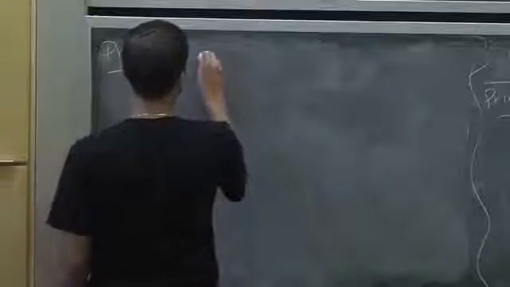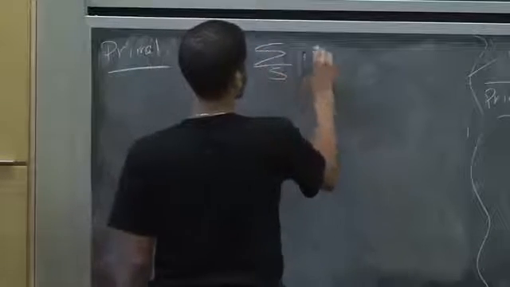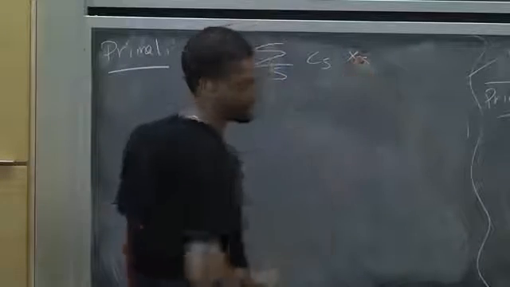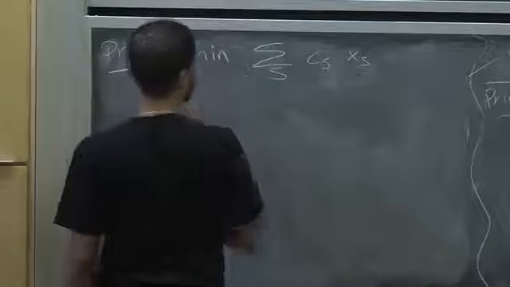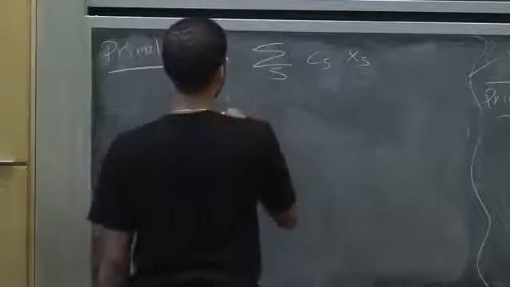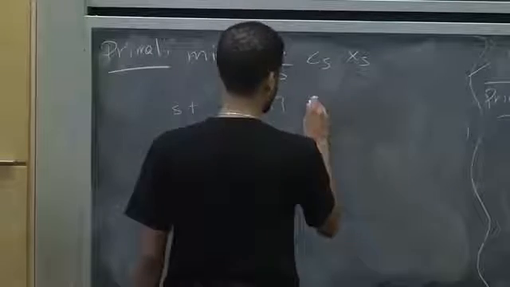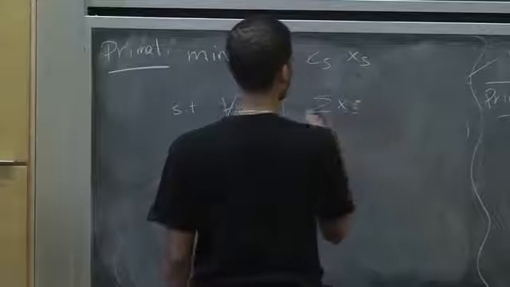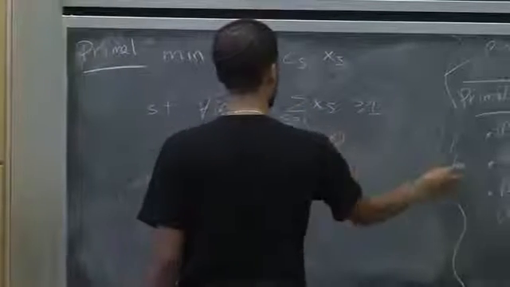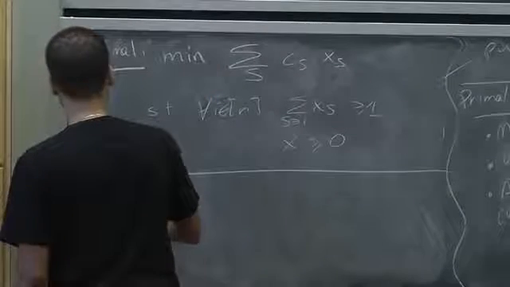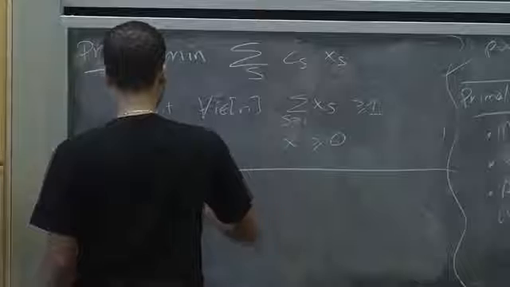But what's the primal? The primal is minimize the sum over all sets S of C_S times X_S. X_S tells us whether or not we took the set, subject to the constraint that for all i in the universe, the sum of X_S for S containing i is at least 1, and X is at least 0 everywhere. And the dual, we have a variable for every constraint.